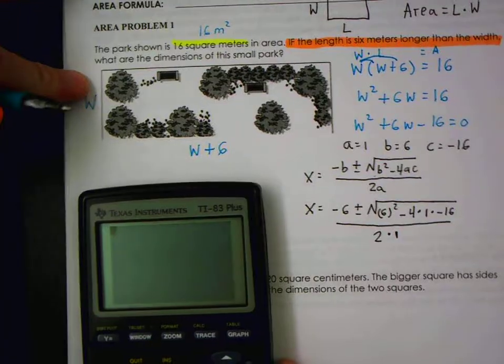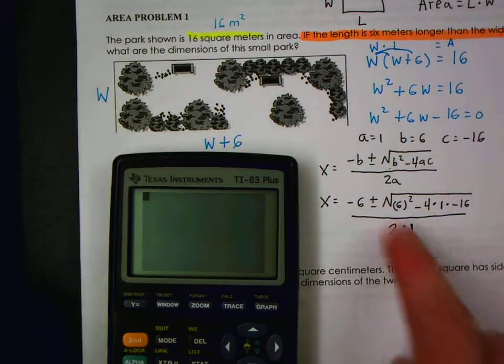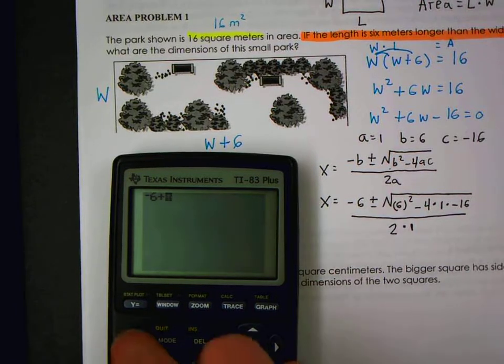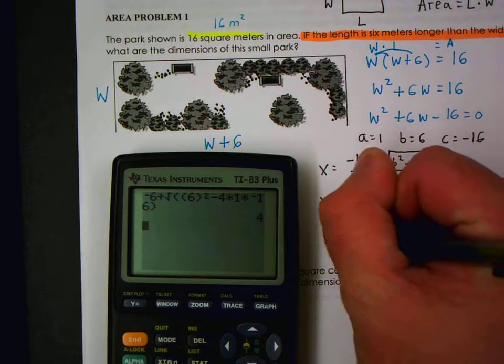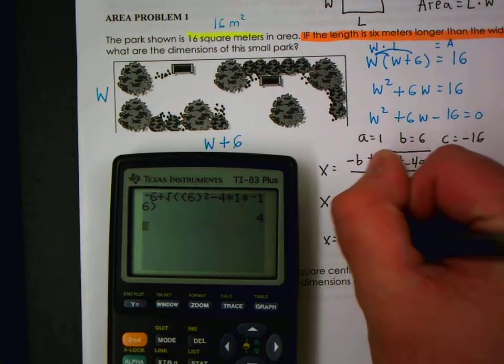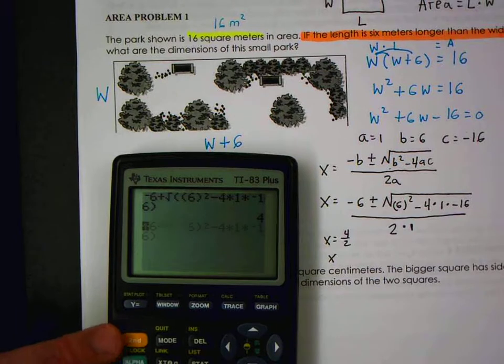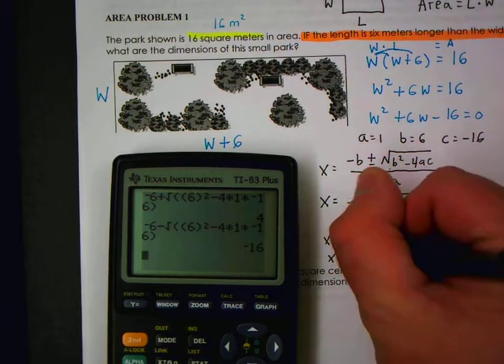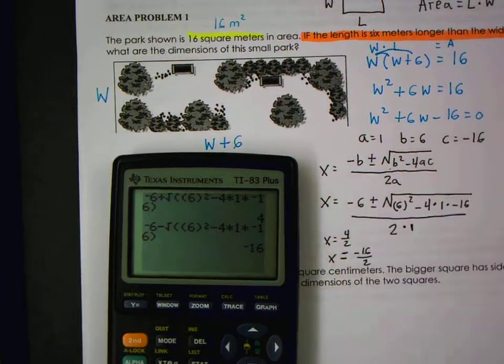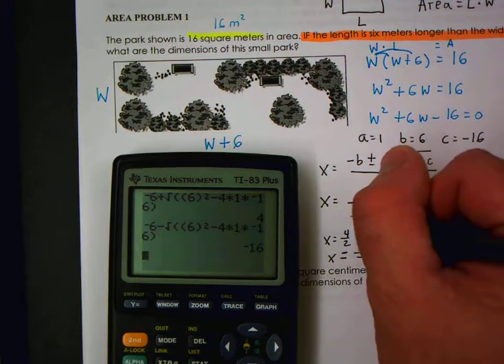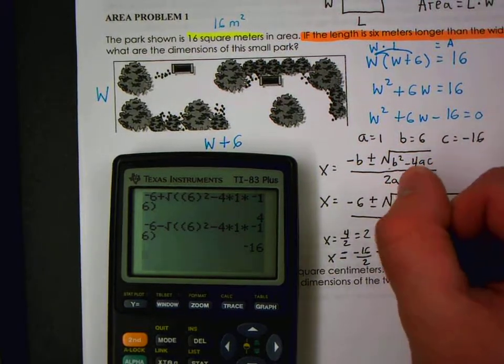I showed you this last week, to just punch this all in at once so you don't have to worry about order of operations. So I get 4 over 2, and then my other one, I'm doing minus, I get negative 16 over 2. Four over 2 is 2. Negative 16 over 2 is negative 8.